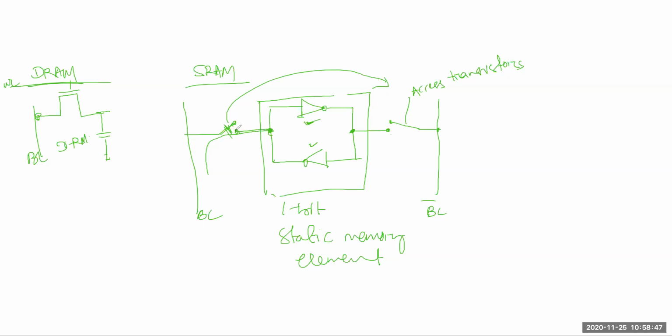It is connected to a common line, that is the word line. When this word line is high, then this will be on, and you can do either a read operation or a write operation. So these are the basics of the SRAM.